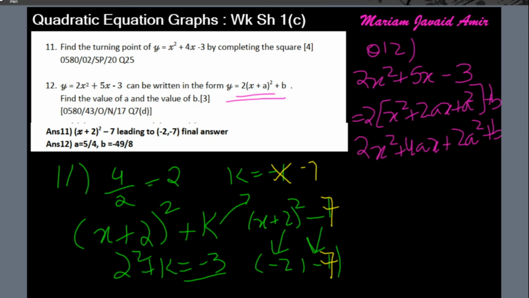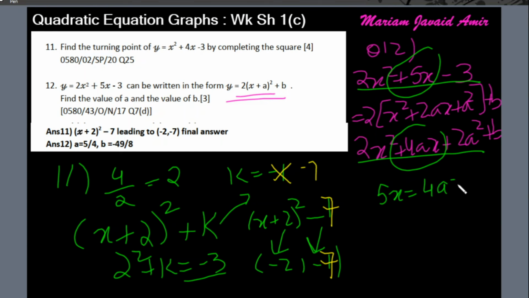Now these two expressions are equal, which means that 2x squared equals 2x squared, which we already know. Secondly, 5x equals 4ax, which makes a equal to 5 over 4.